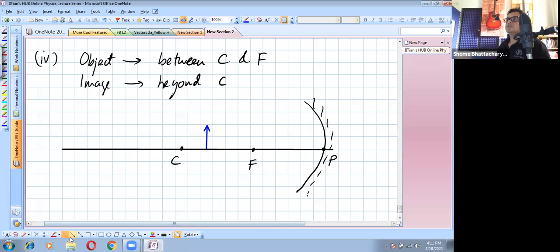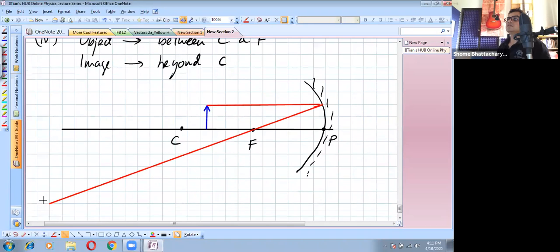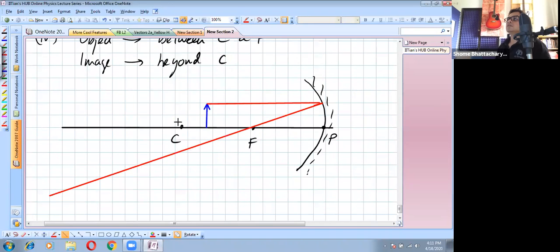So I will just draw two of the rays, the primary ones, which are easy to draw. This one, and let me draw the one which is passing through the focal point.